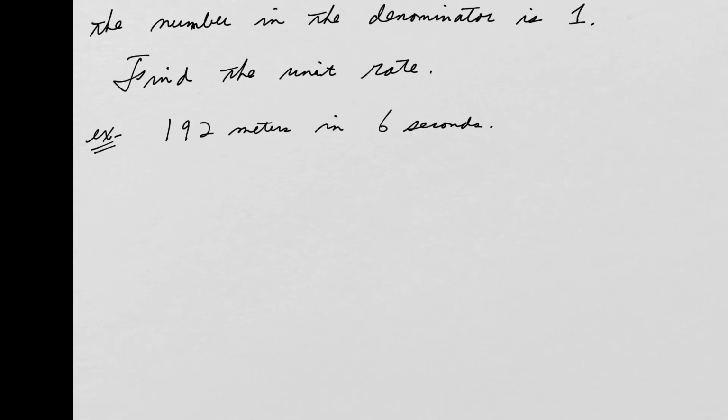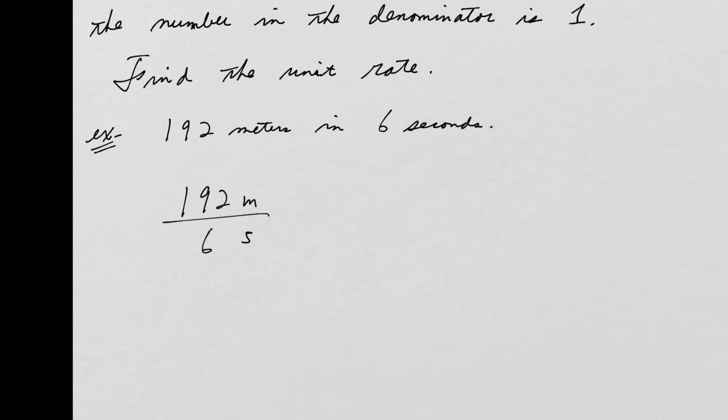Okay, so I write it as a ratio, 192, I can abbreviate meters as m, over 6 seconds. But because I want to write it as a unit rate, I have to divide that, so I get an actual answer, and then remember, you can always put that answer over 1.